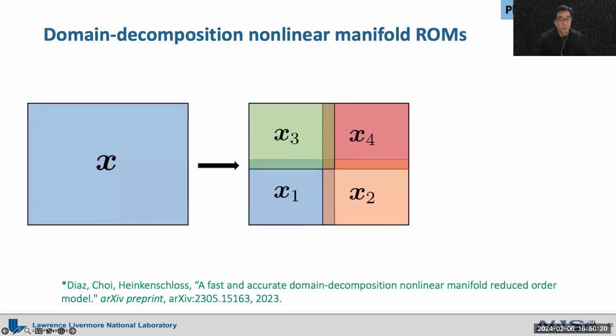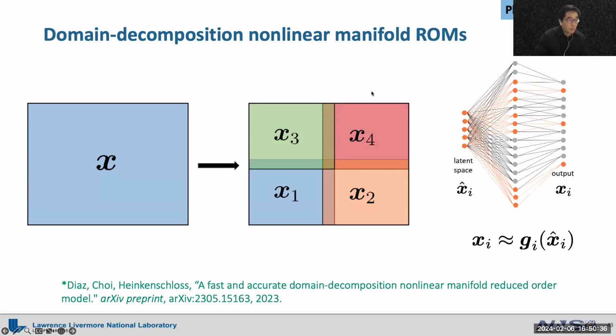So one way of addressing that issue is bringing in physics and the concept of domain decomposition, where you divide your computational domain into several subdomains and build a nonlinear manifold reduced model for each subdomain, so that the training becomes somewhat relieved, because you don't have to train on the large-scale problem.